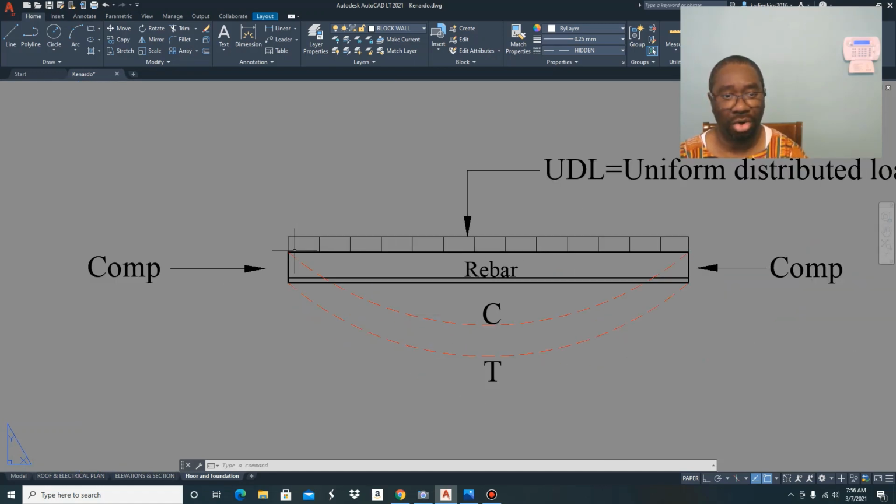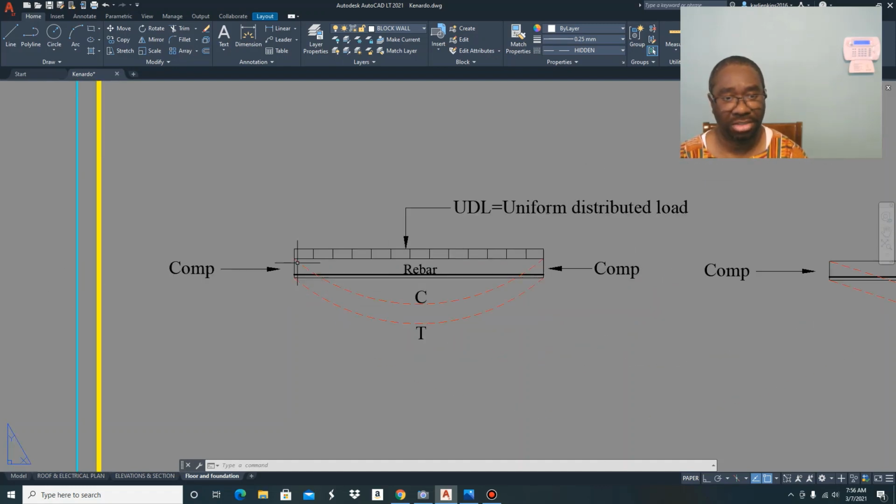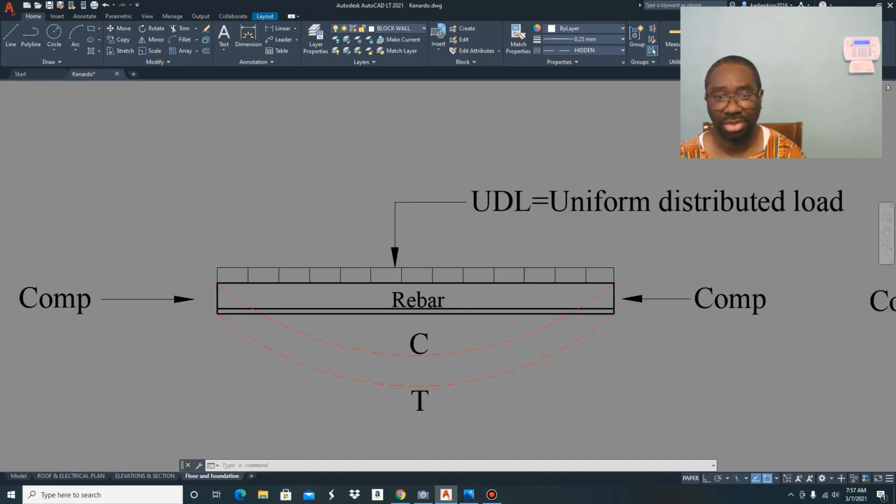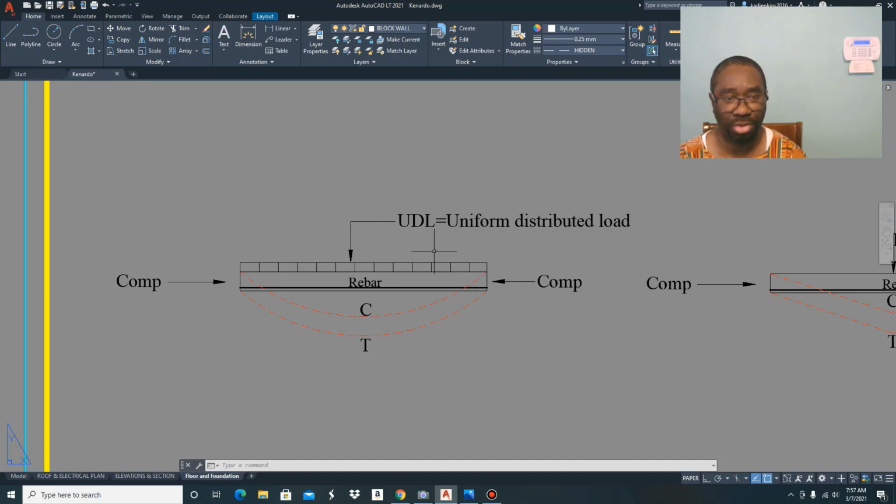That means the load is transmitted uniformly right across the length of the cross section. And this broken arc line here is the behavior of this concrete member when it is subjected to this UDL, this uniformly distributed load. As you can see, at the bottom fiber you have tension, and at the top fiber you have compression.